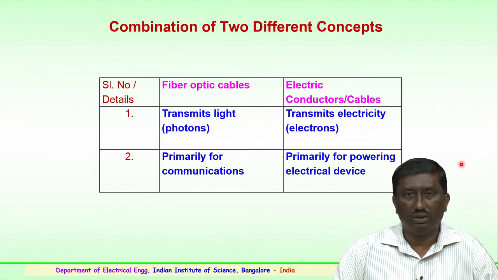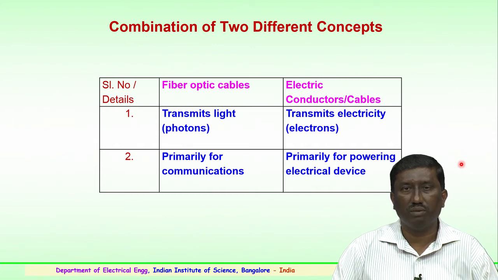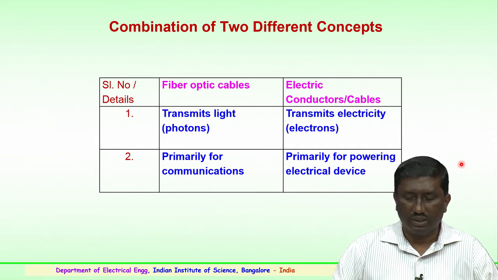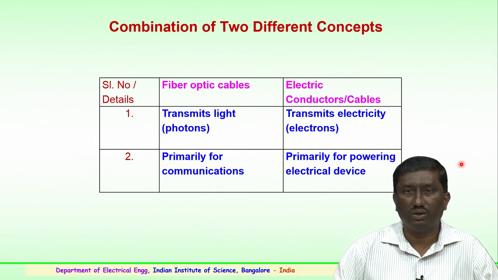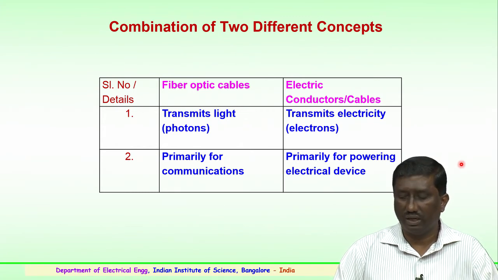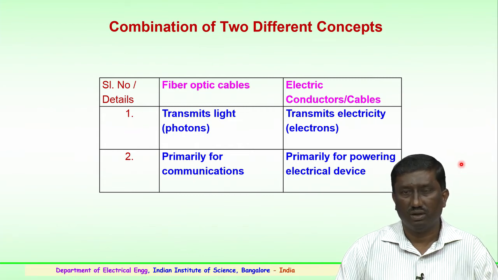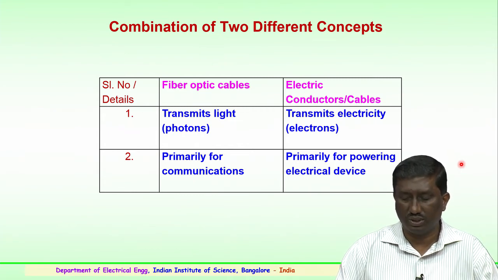And we know that fiber optic cables are primarily used for the communication of data, and in case of electrical conductors or cables, these are primarily used for powering electrical devices or transmitting or distributing the power.